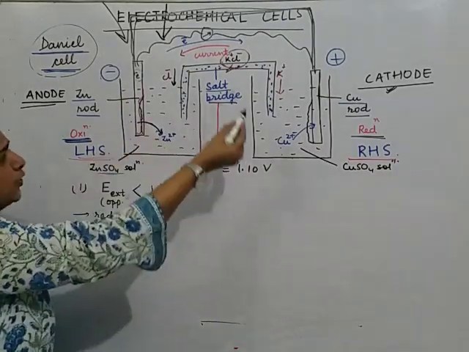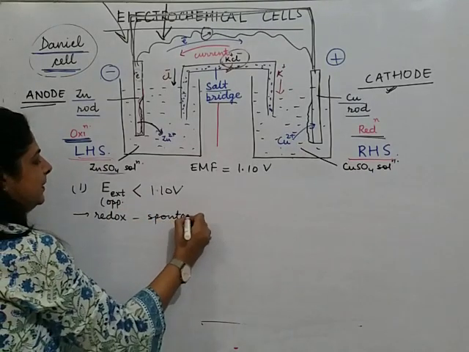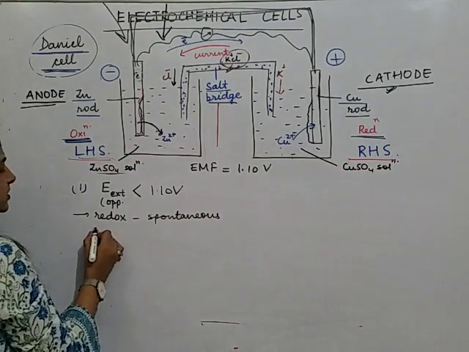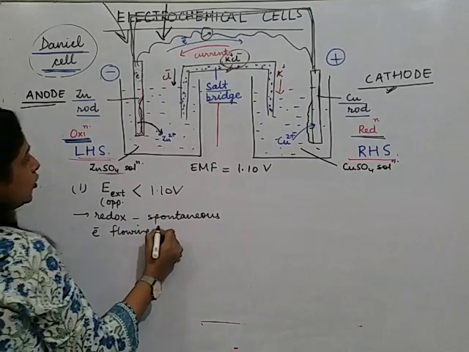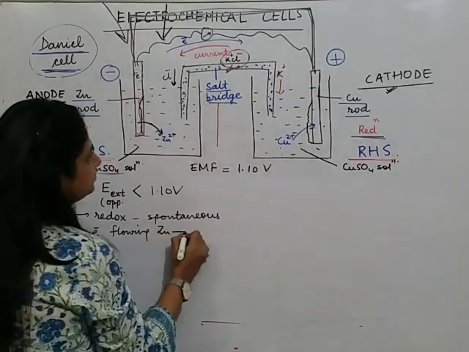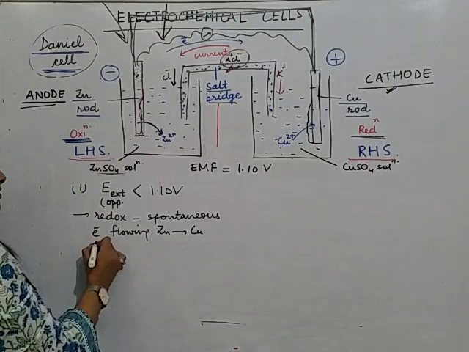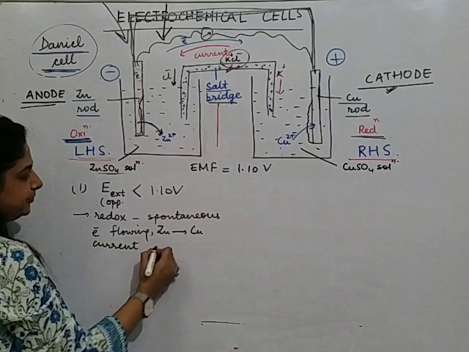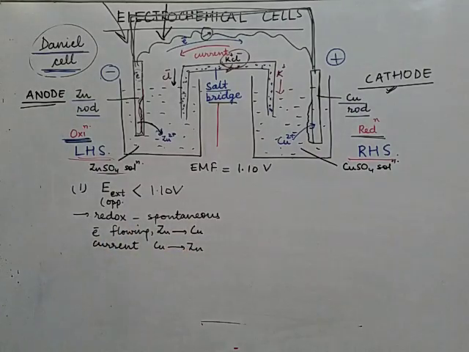The spontaneous redox, which is already taking place, which means the electrons are flowing from zinc to copper, and the current is flowing from copper to zinc, right?